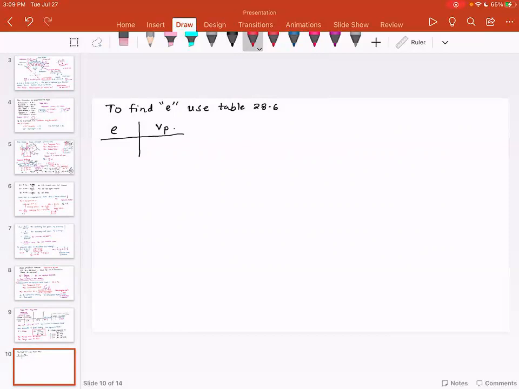So for example, if your pitch line velocity is 5 meters per second, your error in action is 0.06. An alternate way to find the value of E is to use table 28.7.